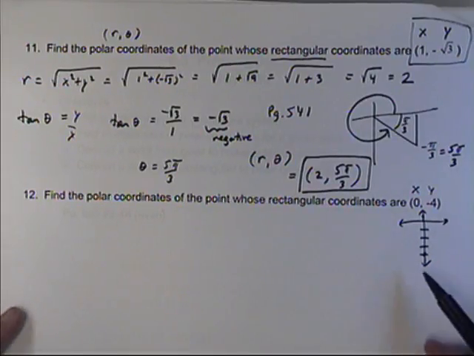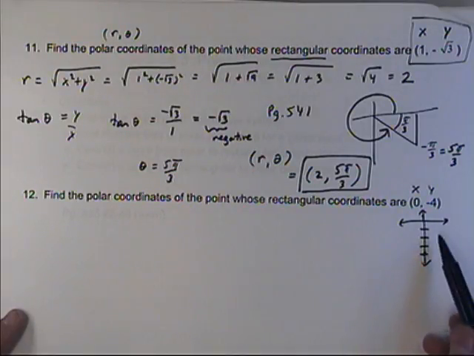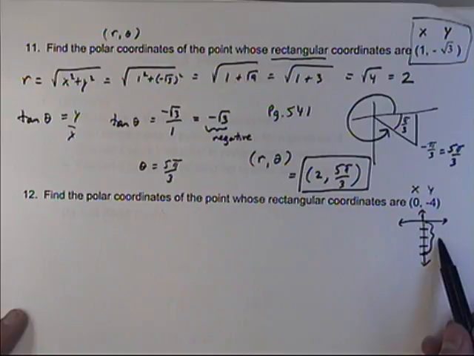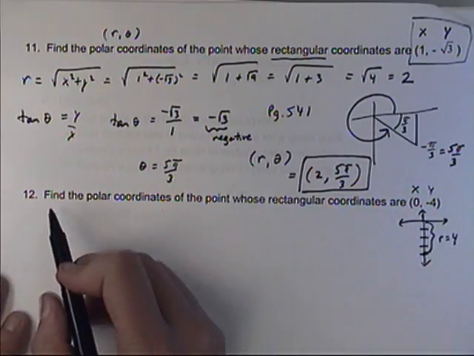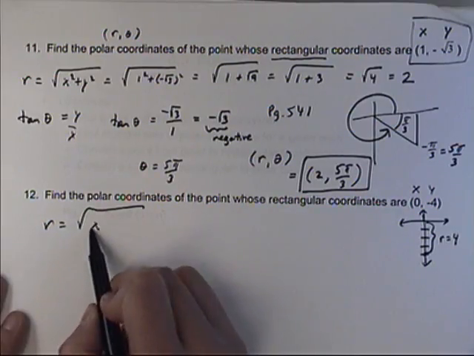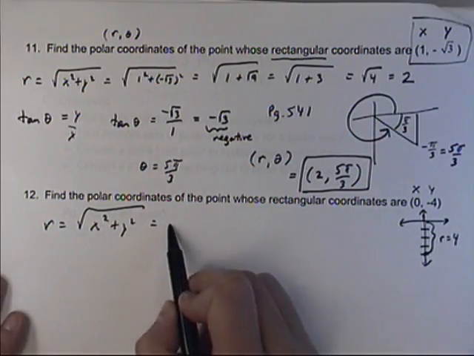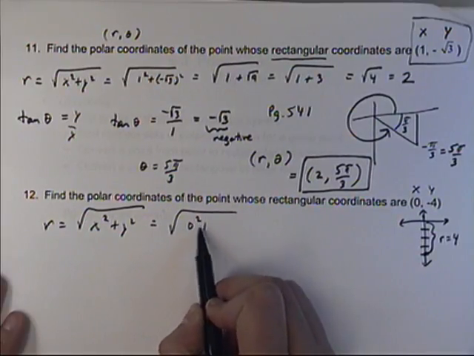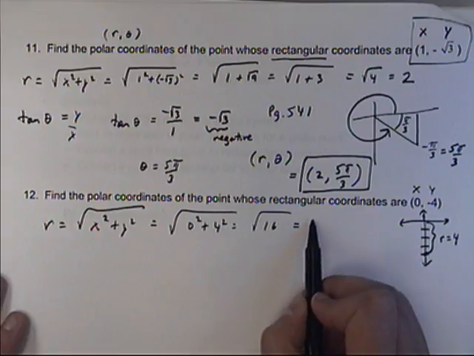So this one's pretty easy because if I rotated around and I stopped here, what's the radius? Well, I'm exactly 4 units down from the origin. So it's pretty obvious that the radius on this rotation stopping here would be 4. If you have to do the formula, again, we could do r equals square root of x squared plus y squared. But you can see that even that is pretty easy. 0 squared plus 4 squared will be the square root of 16, which is 4.